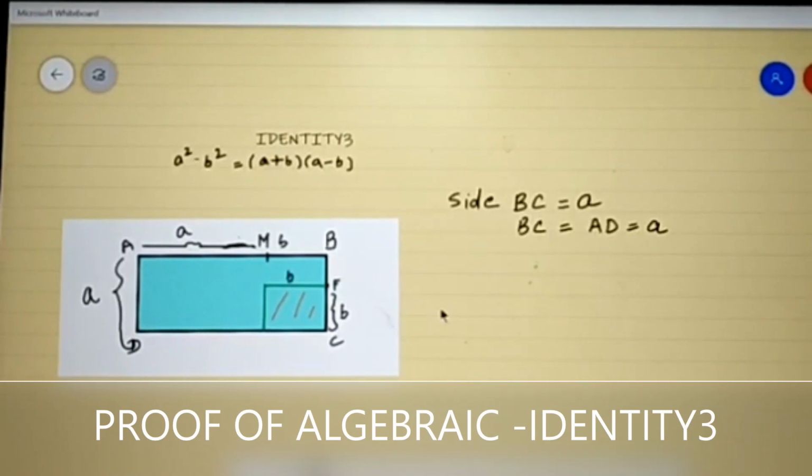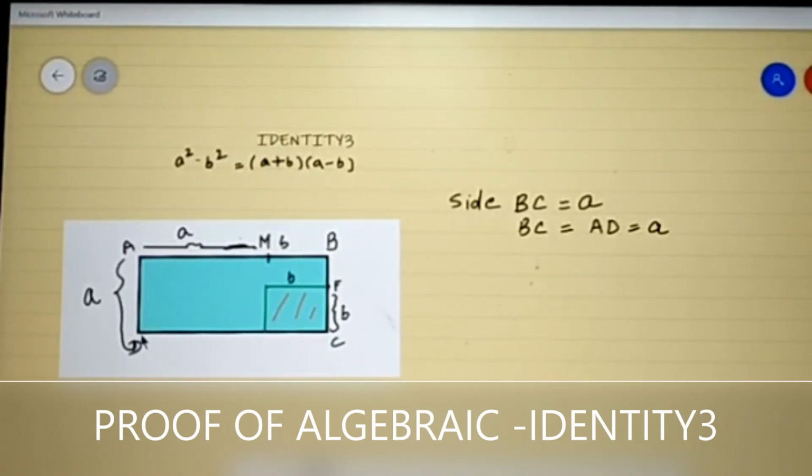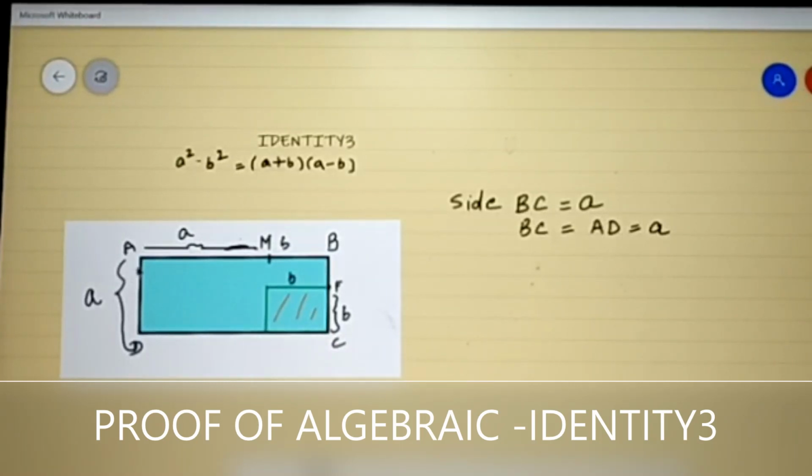Now let me repeat what I have done here. I have taken first ABCD as a rectangle. The breadth is a, and equal to a I have marked AM. Now whatever was the total length, we have taken AM and the rest part is assumed as b.